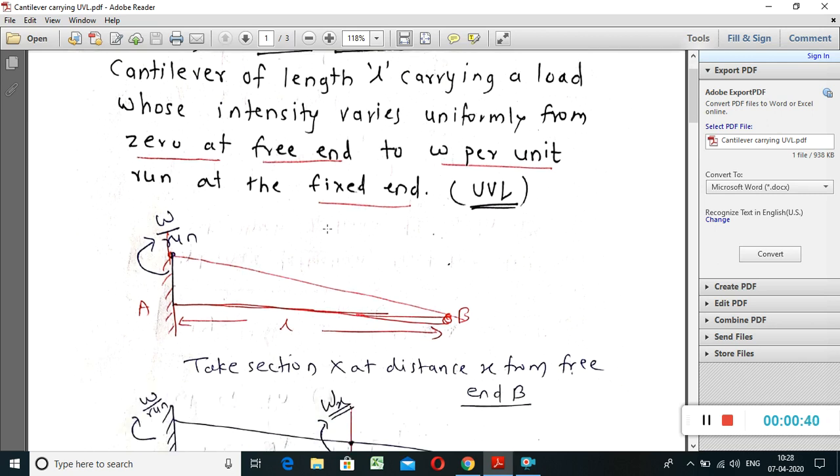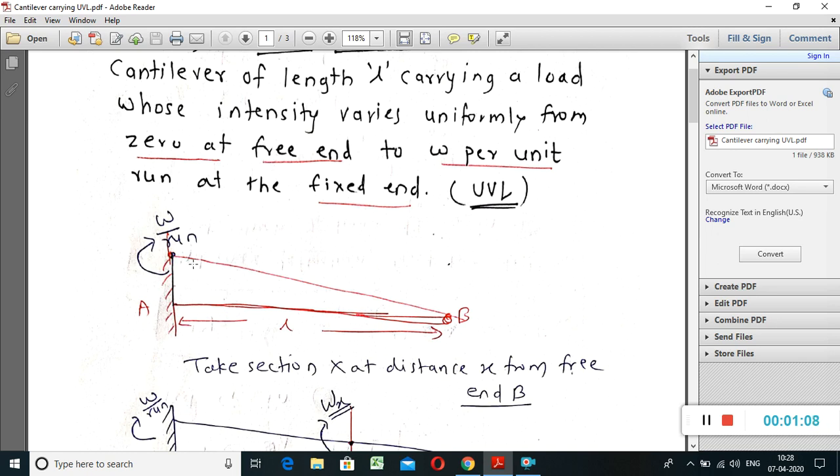Okay. Case number 3 as written here: a cantilever of length L carrying a load whose intensity varies uniformly from 0 at the free end B to W per unit run at the fixed end. So it is shown here at the fixed end and it is uniformly varying.